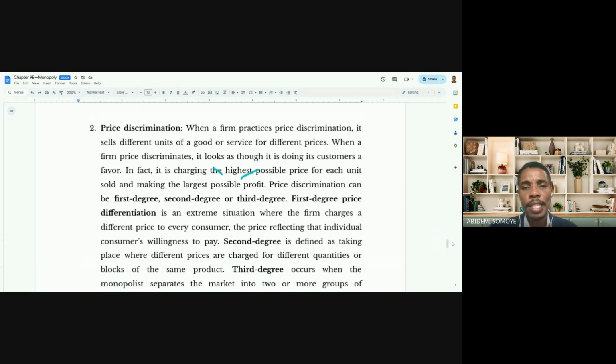What about price discrimination? When a firm practices price discrimination, it sells different units of goods or services for different prices. When a firm price discriminates, it looks as though it is doing its customers a favor. In fact, it is charging the highest possible price for each unit sold and making the largest possible profit. Price discrimination can be first degree, second degree, or third degree.